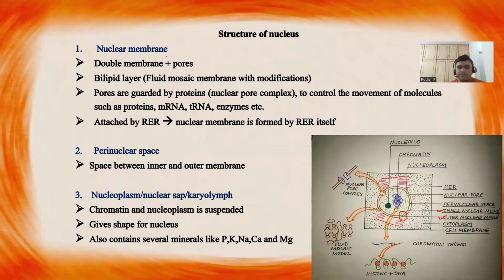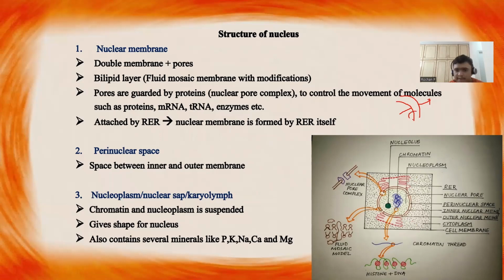Next, coming to the next point, bilipid layer. What do I mean by bilipid layer? If you take a section, or if you just magnify the part of the membrane, if this is the nuclear membrane, this is going to be the inner membrane, this is going to be the outer membrane.